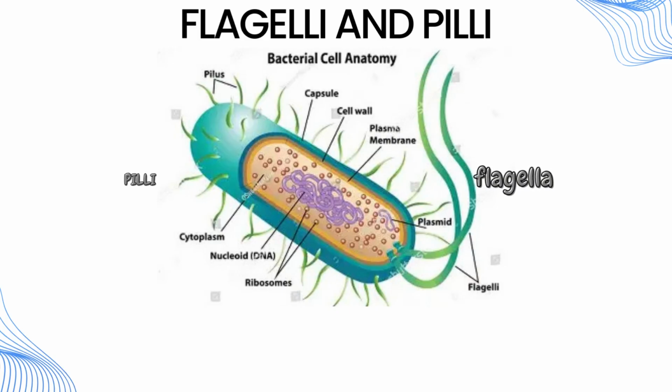They are also important for conjugation, which is done by a specialized pilus called the sex pilus or the F pilus, which facilitates the transfer of plasmids from one bacterium to another in the so-called process of conjugation.